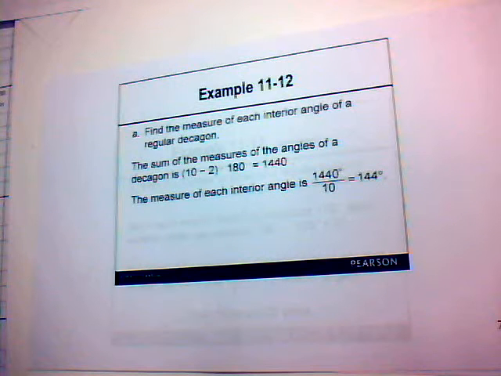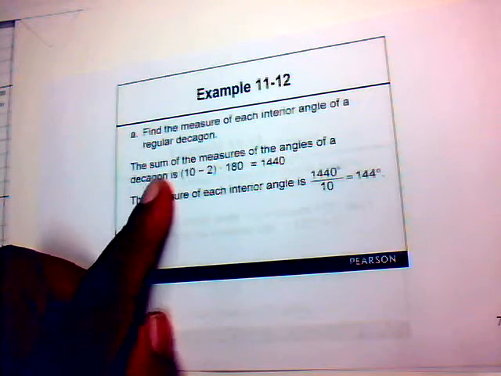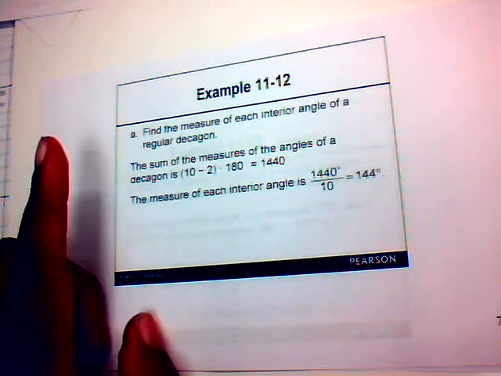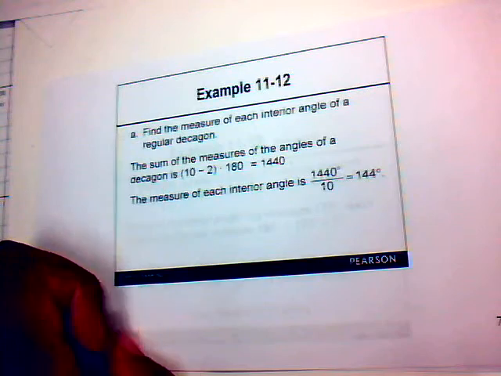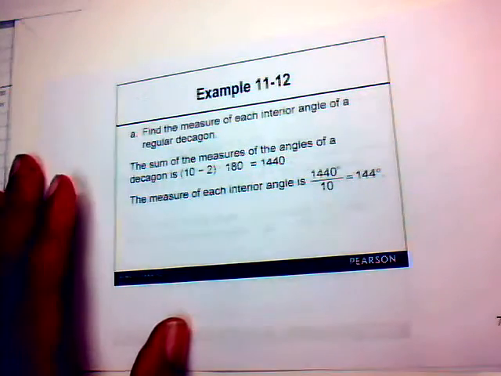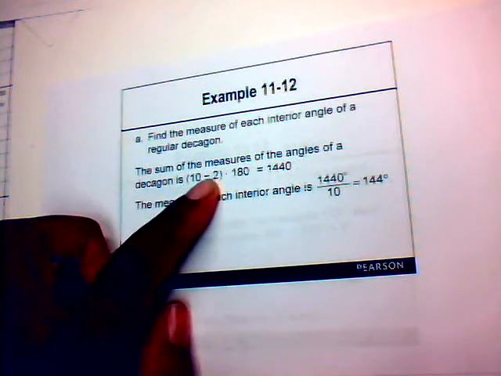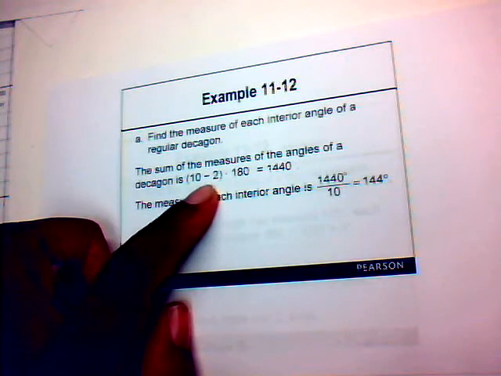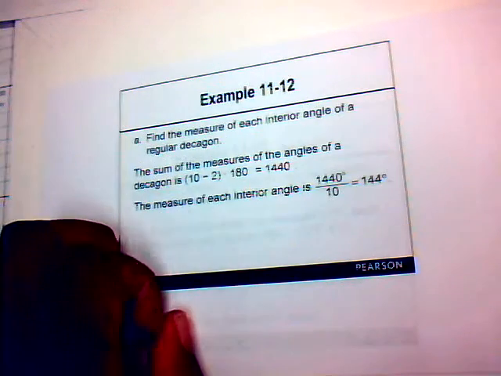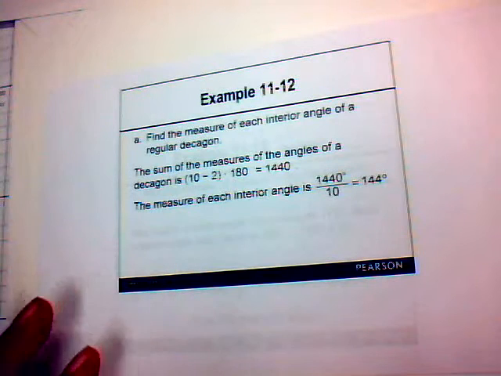Here's an example. Let's find the measure of each interior angle of a regular decagon. A decagon has 10 sides. So to find the sum of the measures of the angles in that decagon, we're going to do 10 minus 2 first. That's going to give us 8. And then 8 times 180 will give you 1440.